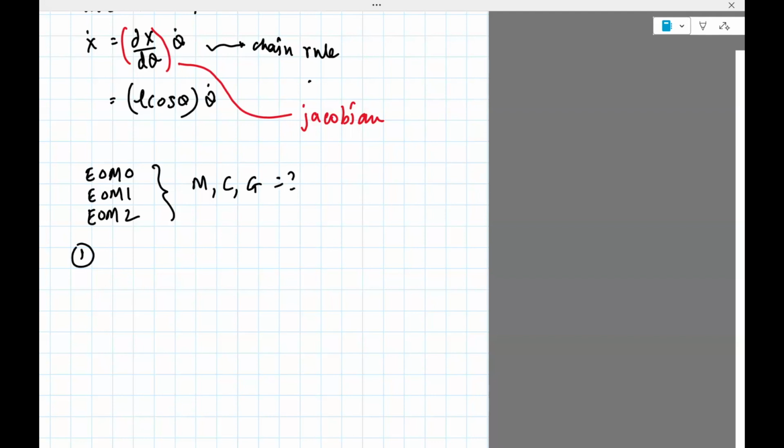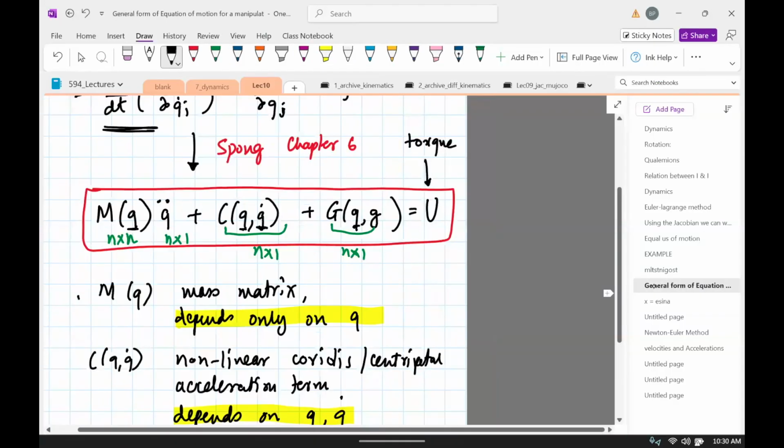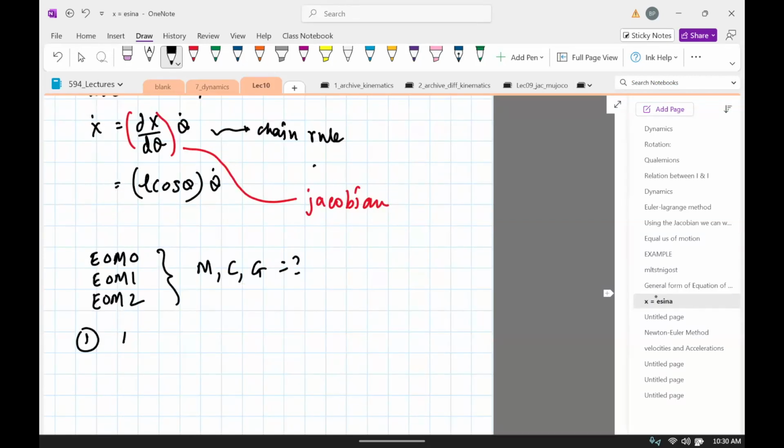So the first thing we can do easily, which is kind of straightforward, is if you take this equation and take the Jacobian with respect to Q double dot, then you should obtain M, right? Because Q double dot doesn't appear anywhere else, so it'll all be 0. So to get M, let's call this EOM.